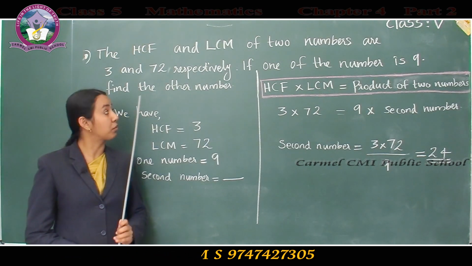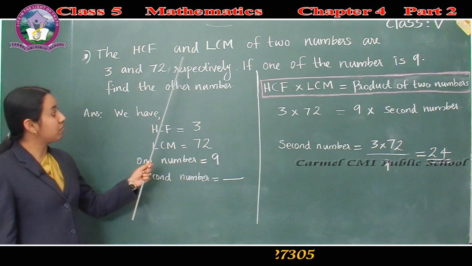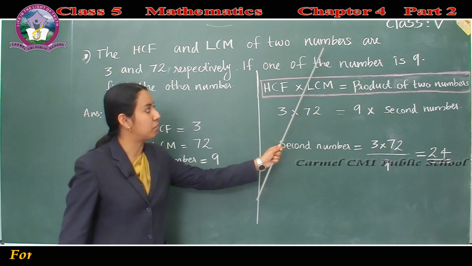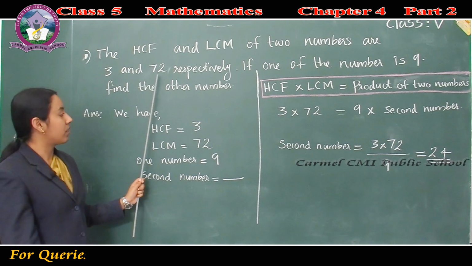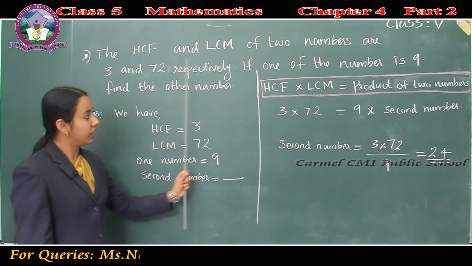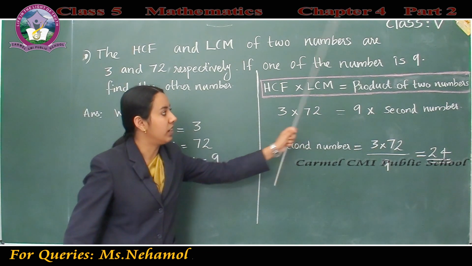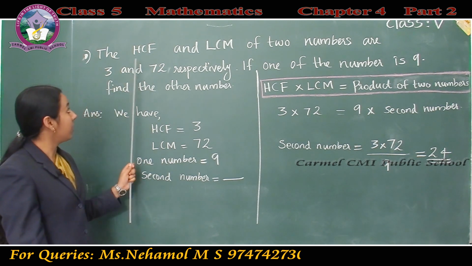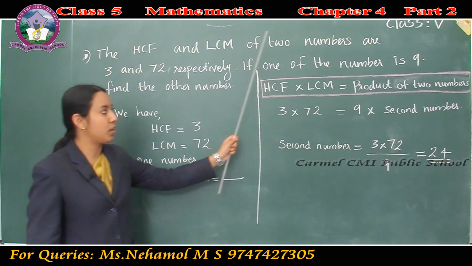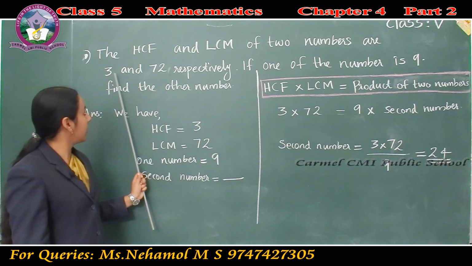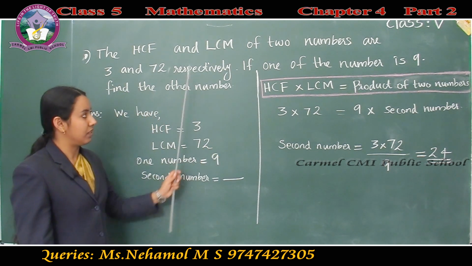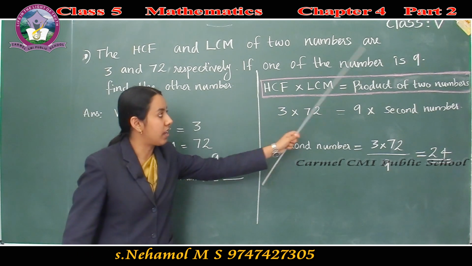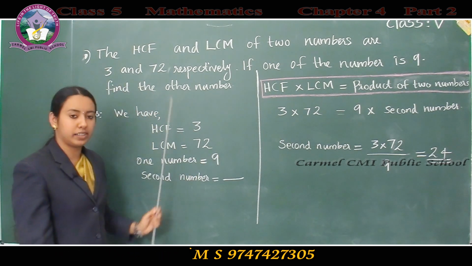Now consider another question. The HCF and LCM of two numbers are 3 and 72 respectively. If one of the numbers is 9, find the other number.